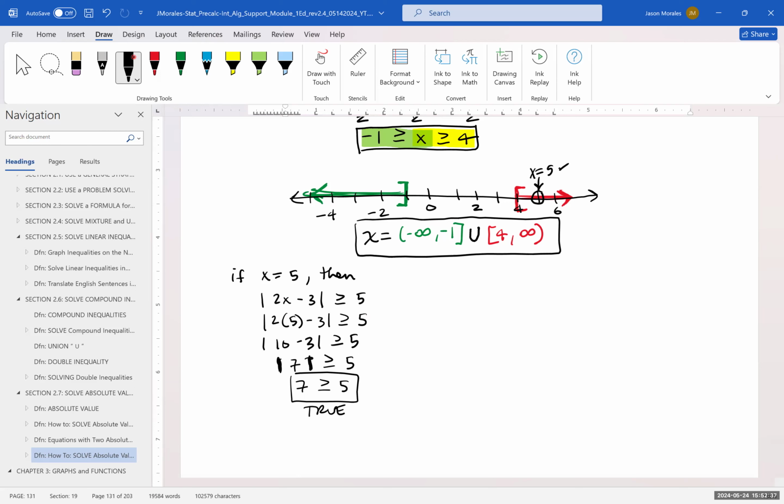How about this one? Well, x equals negative 2 is in that answer domain. So let's try x equals negative 2 and see how that works. And so we can put in negative 2 for x. We want to see if this will generate a true statement.